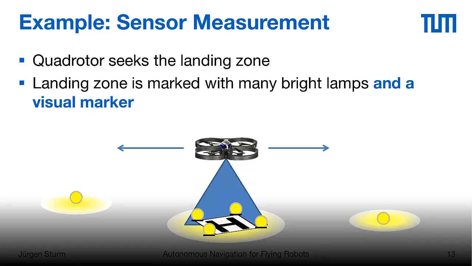Again, the Quadrotor seeks the landing zone. It has detected the bright lamps below it, but now let's assume that it has a second sensor with which it can detect a visual marker, like this letter H, for example, below the Quadrotor, which gives a very strong indication whether or not we are at the landing site.